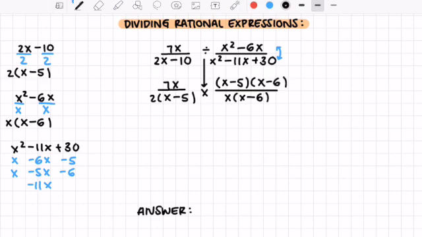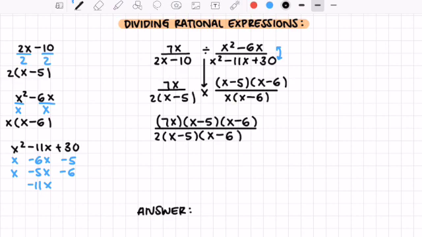And from here, I'm just going to multiply across. So 7x multiplying with the x minus 5, multiplying with x minus 6. On the bottom, we still have 2 times x minus 5 and x minus 6. All I'm going to do from here is just cancel out the same factors.